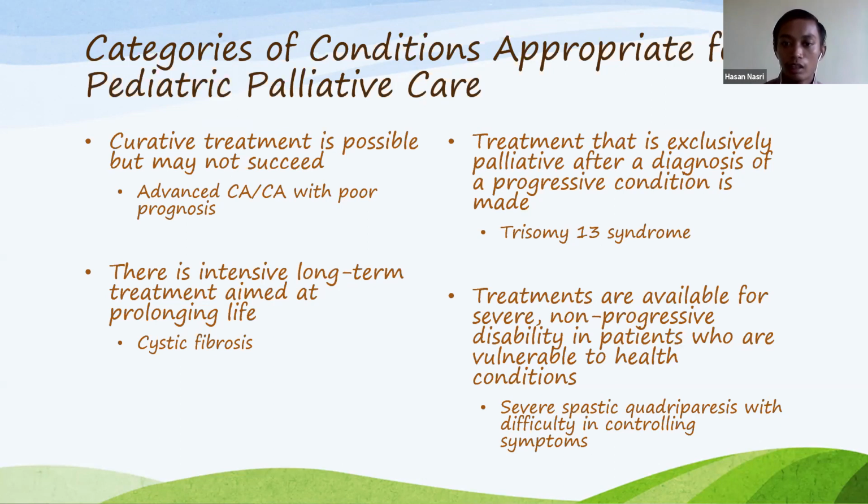And last is treatment for severe non-progressive disability, for patients who are vulnerable to health complications, which means we prevent the patient's condition from becoming worse. We try to prevent complications, for example bed sores, by using a foam mattress, like that. Okay, these are the categories.